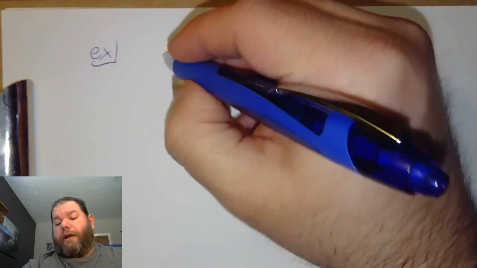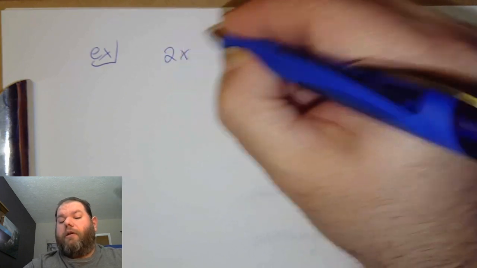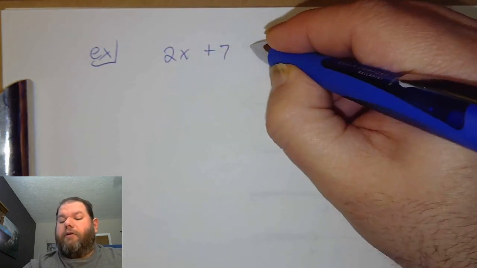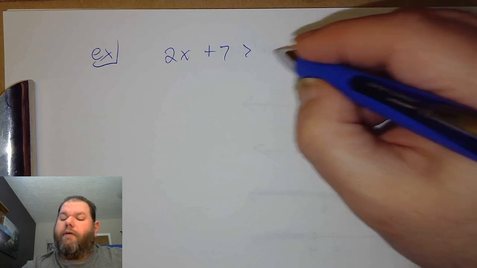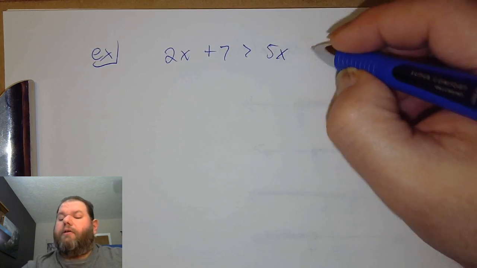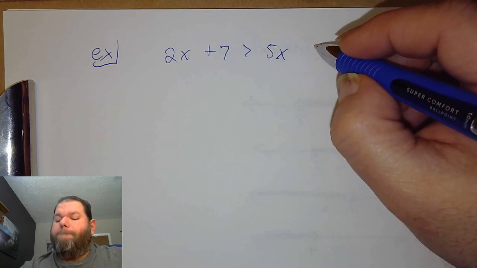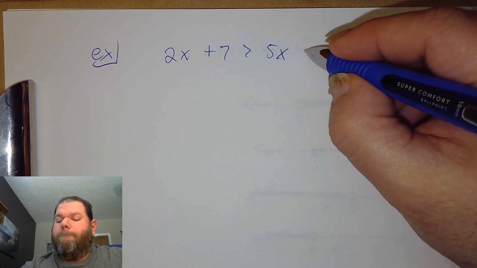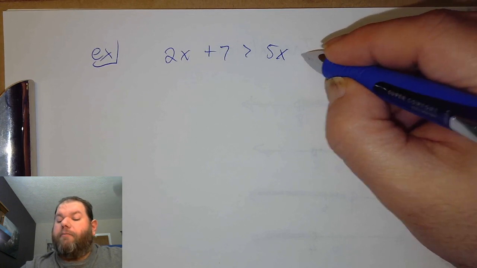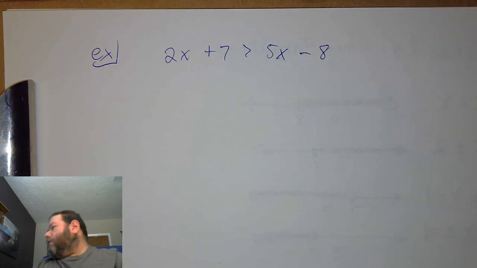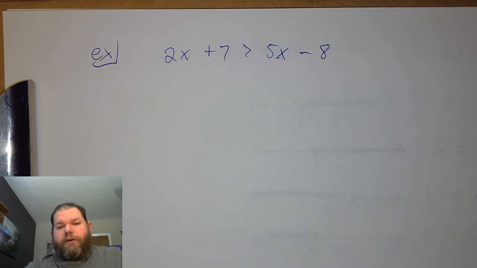Now, beyond that, the same operations that we use in solving linear equations are also used to solve linear inequalities. For example, if we have 2x plus 7 is greater than 5x minus 8. One thing I would always stress here for inequalities that we don't necessarily have to do for equations is make sure the x is on the left-hand side.